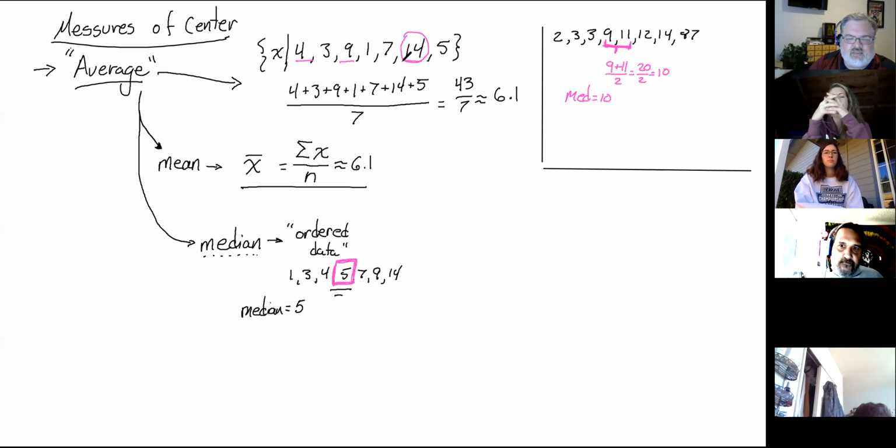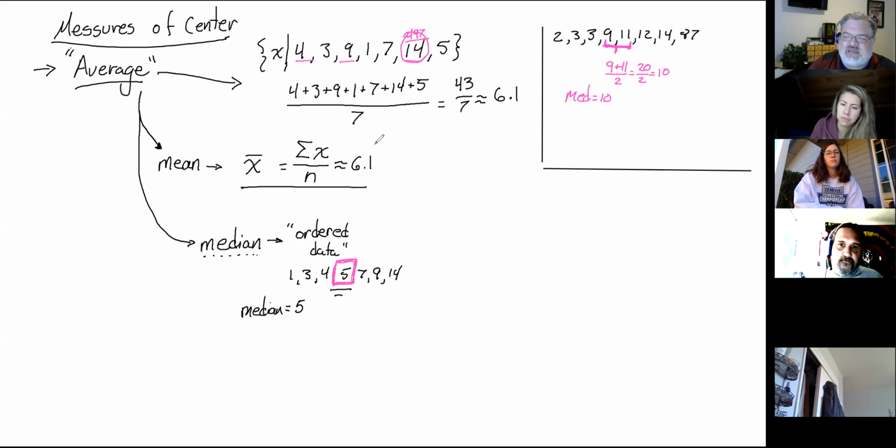Fair? Imagine if instead of 14, this one number had been 497. Okay, then we'd have 4 plus 3 plus 9 plus 1 plus 7 plus 497 plus 5. So that would give us 500 and something. 500 and something divided by 7 is still near 100.